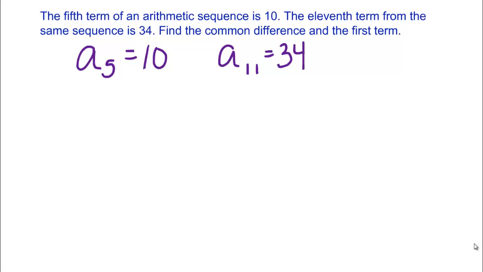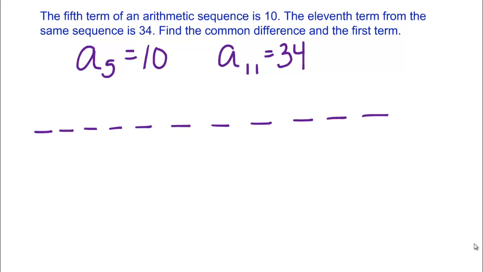How could we find the common difference first? Well, to go from the 5th term to the 11th term, think about how many spaces we jumped. I can almost picture this: 1, 2, 3, 4, 5, 6, 7, 8, 9, 10, 11. I'm creating a space to write in all the terms.